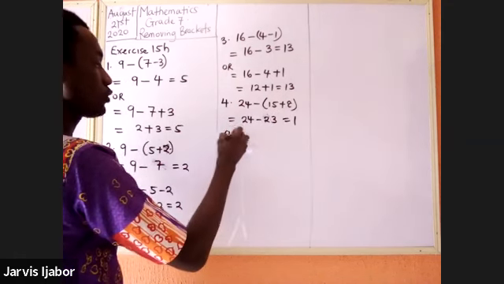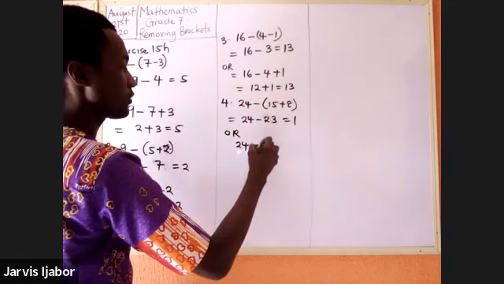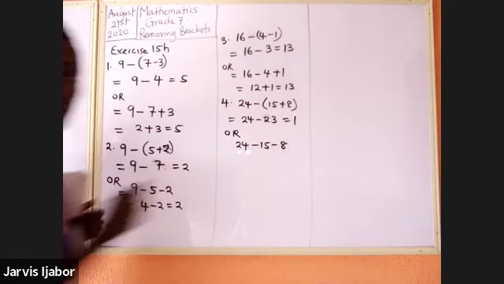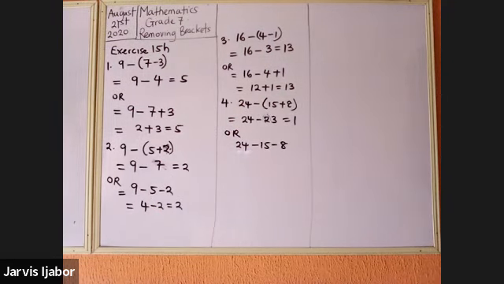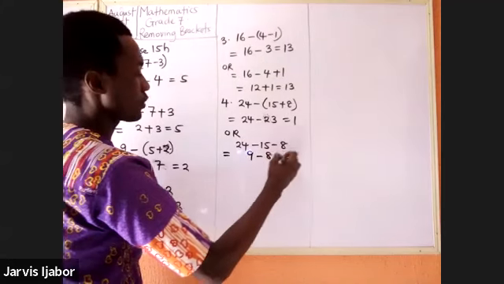So, or you can use the method of saying 24, the negative multiply the content, 15 minus 8. So this will give me what? 9 minus 8, which will be equal to what?